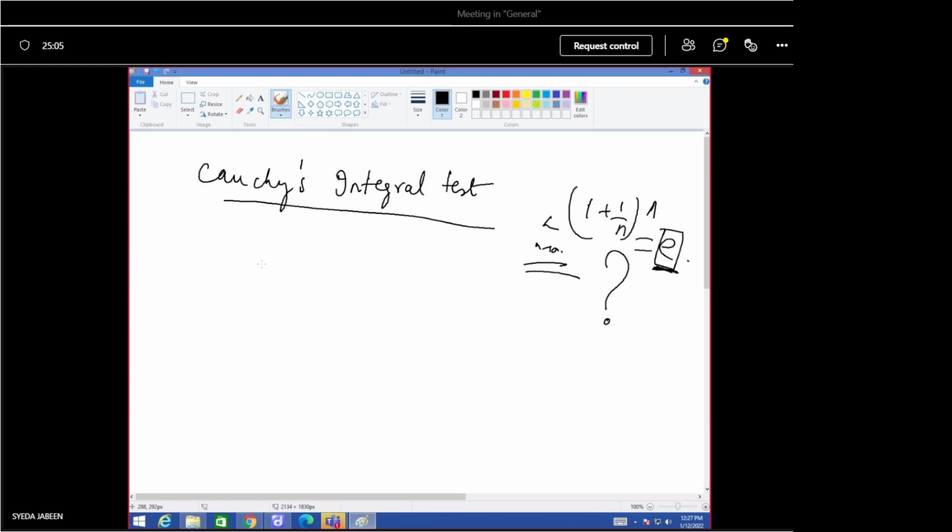अब आना now Cauchy integral test. In the first class, one student was saying that we can convert the series into an integral and then we can evaluate the integral. So same thing is over here.